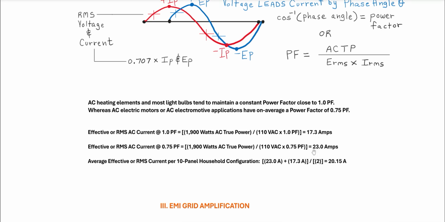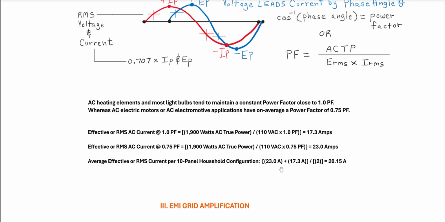But when we average the minimum and maximum power factor, then we have a more real-world practical value, because if our power factor drops, we then incur greater amperes. So it's about an average value of 20.15 amps.